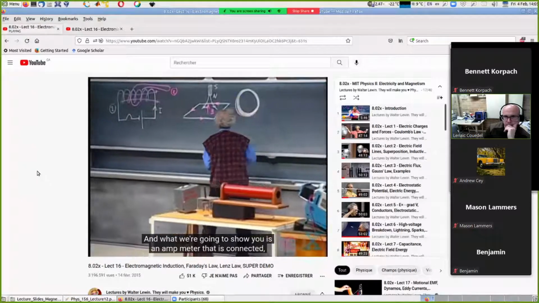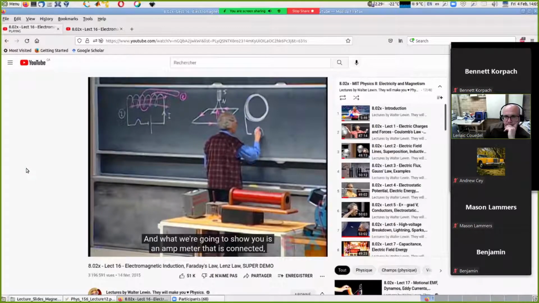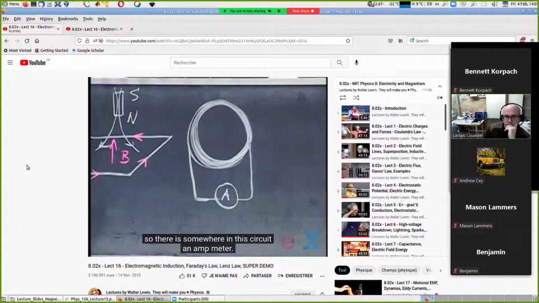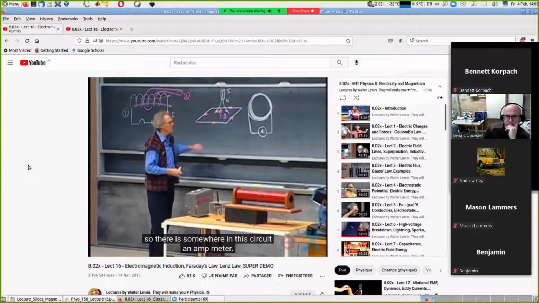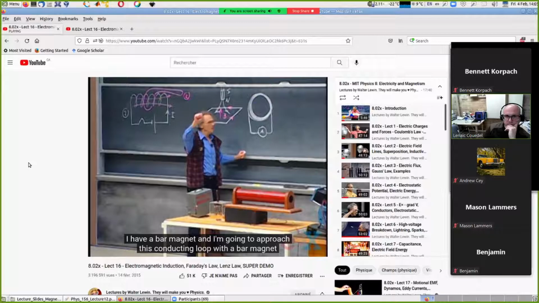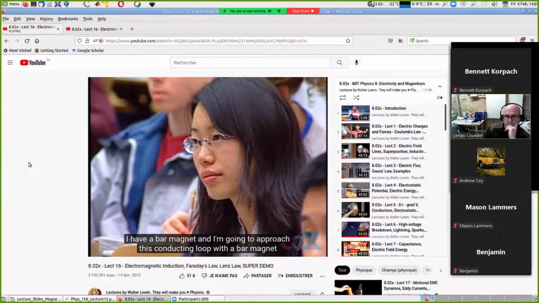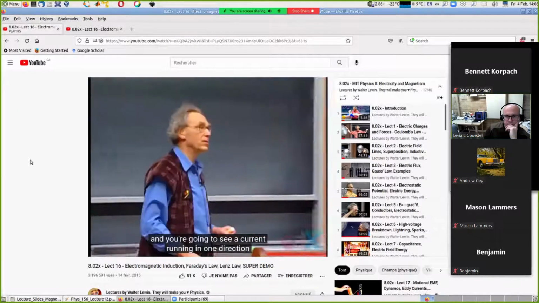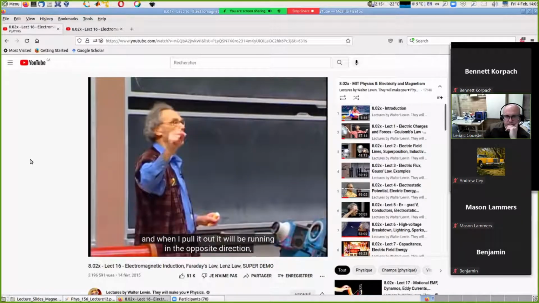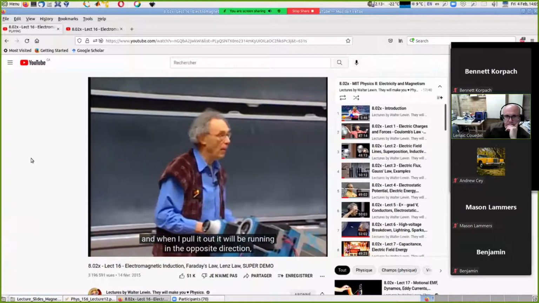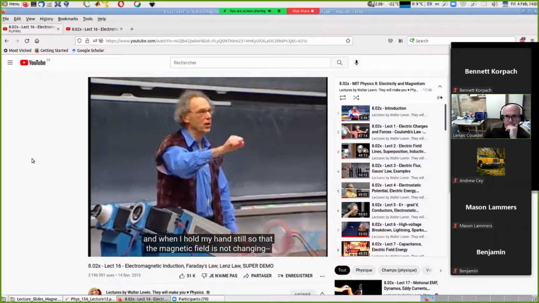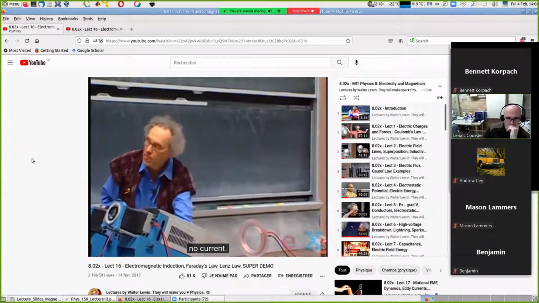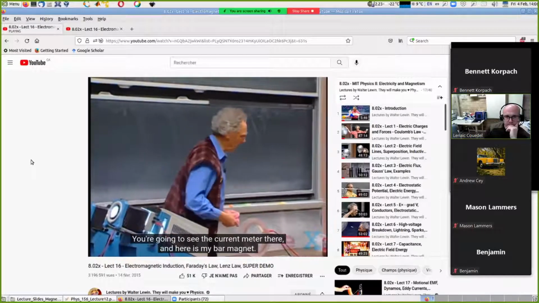And what we're going to show you is an ammeter that is connected somewhere in this circuit. I have a bar magnet, and I'm going to approach this conducting loop with the bar magnet. You're going to see a current running in one direction, and when I pull it out, it will be running in the opposite direction. And when I hold my hand still, so that the magnetic field is not changing, no current. You're going to see the current meter there.